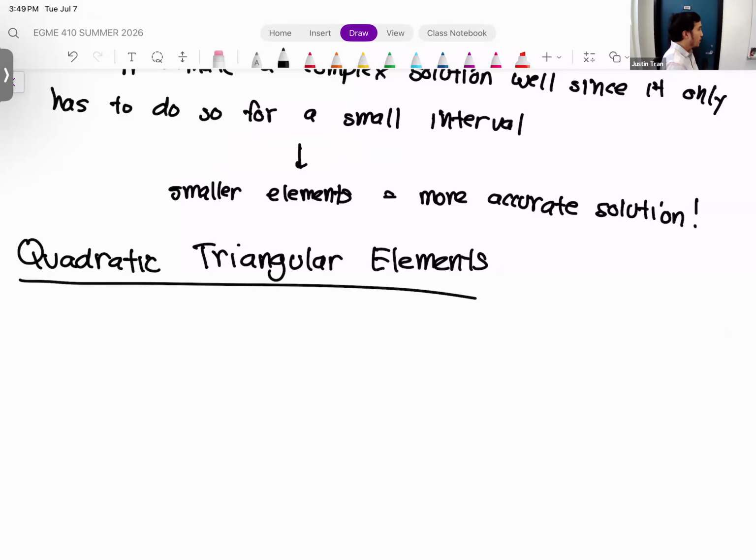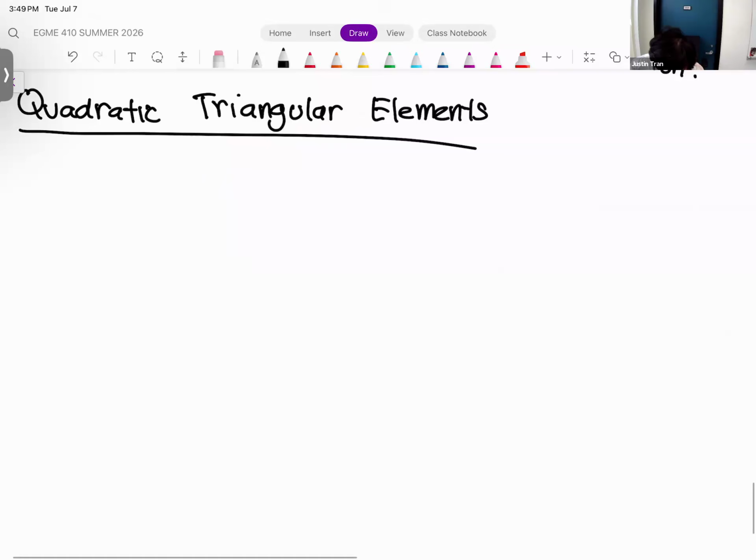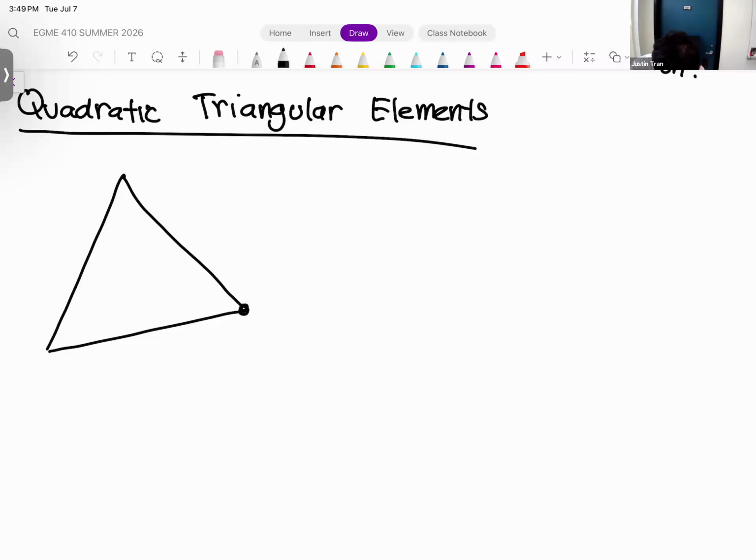Okay, so let's do the quadratic triangle first. The quadratic triangle still has a triangular shape, and we're going to have its shape function as well.